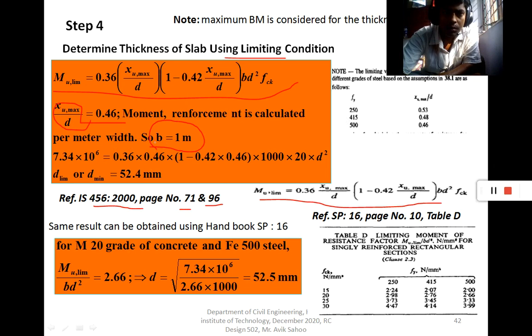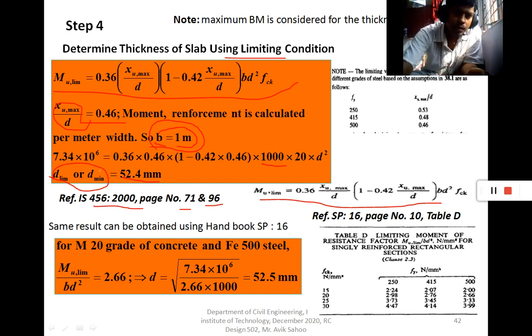That's why the width of slab we consider is 1 meter. So in this expression b is 1000, and from this expression we get the minimum or limiting d. How much? 52.4 mm.